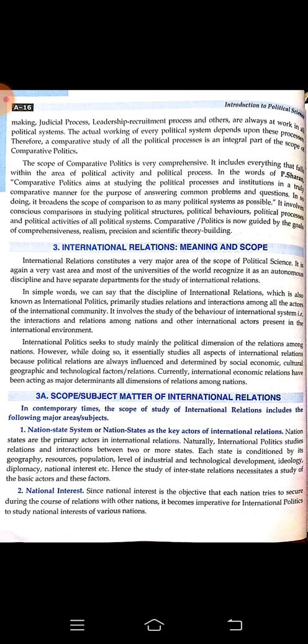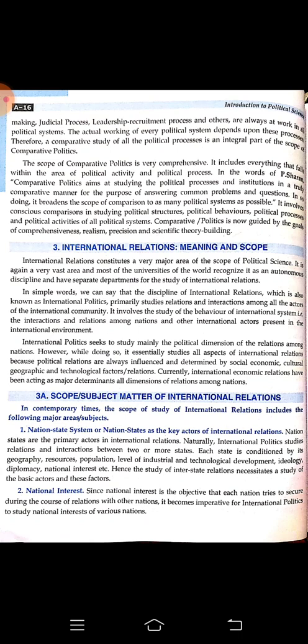Next we have international relations. From the term itself you can understand its meaning. International relations is a major area of political science. It has a vast scope, and it is also an independent subject.